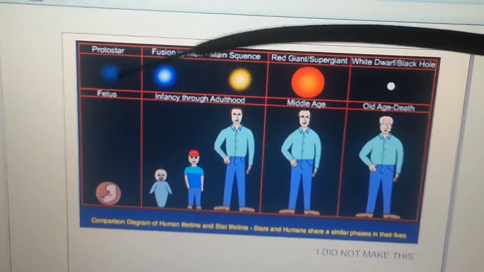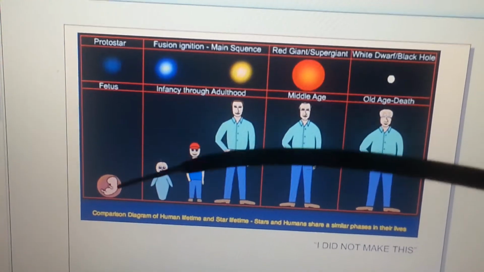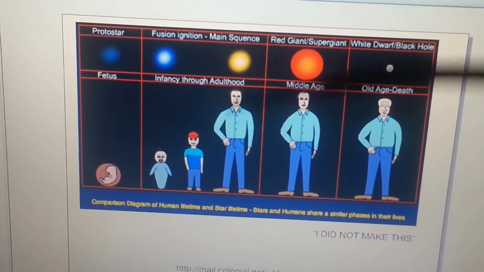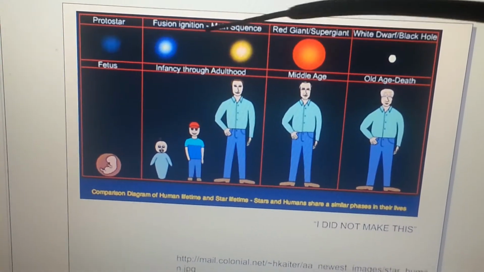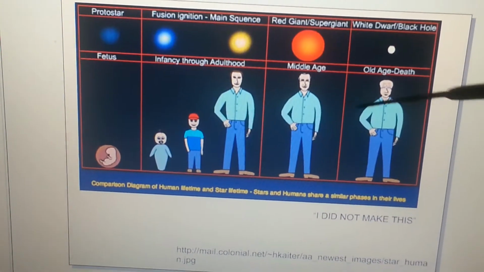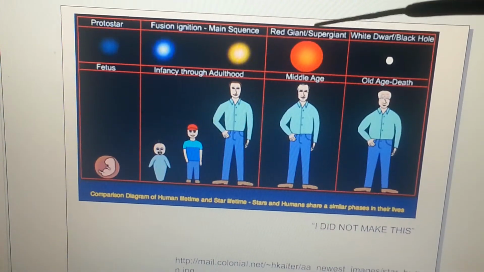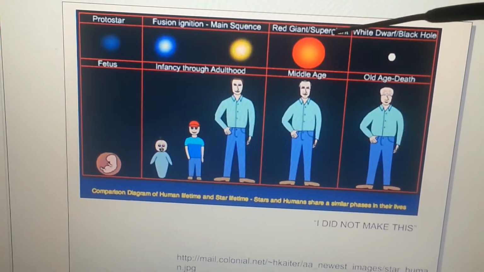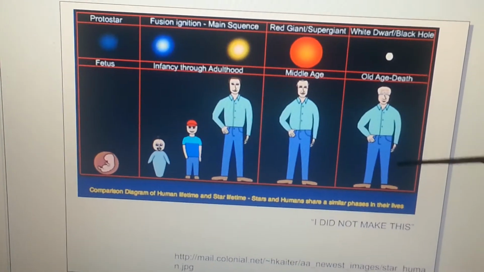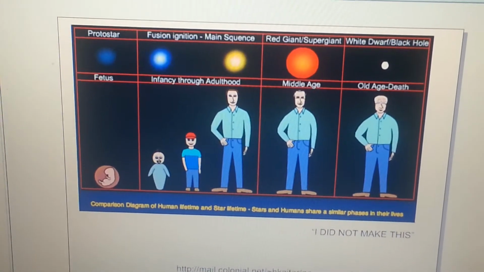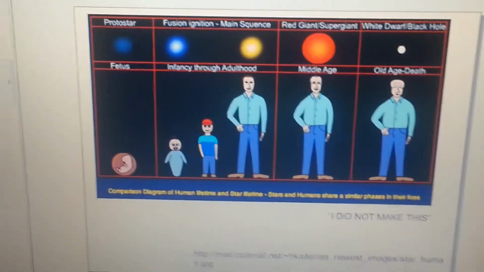So here you have the protostar, which would be a fetus. And here you have infancy to adulthood, which would be the fusion and the main sequence stars. Middle age, the red supergiant. And here you have the white dwarf or the black hole. This part indicates the end of life or close to it.